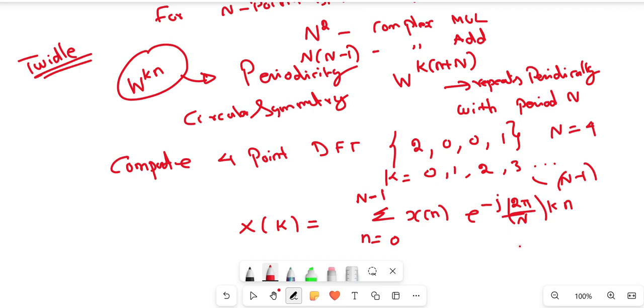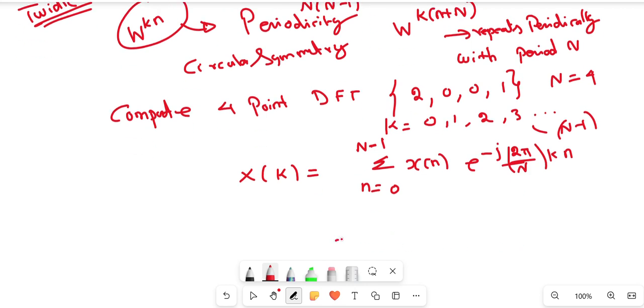Now substitute k equal to 0, first X of 0. If you substitute, k will be 0, and e power 0 will be 1.